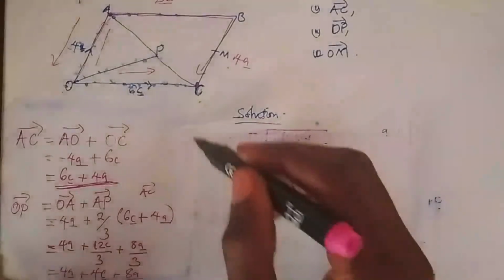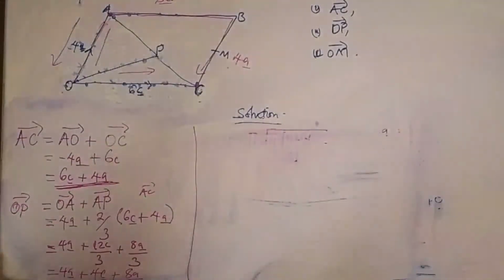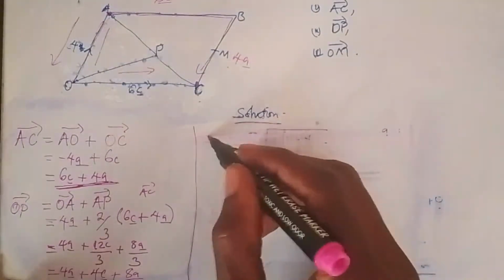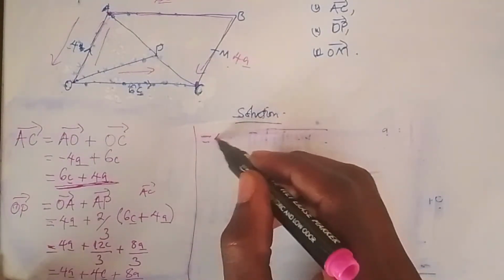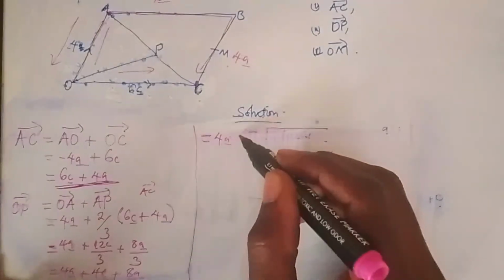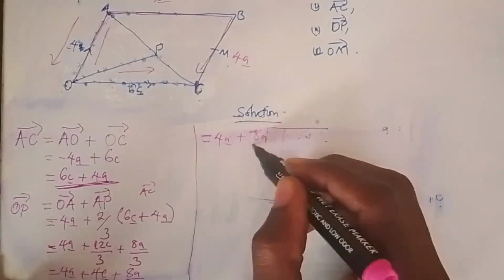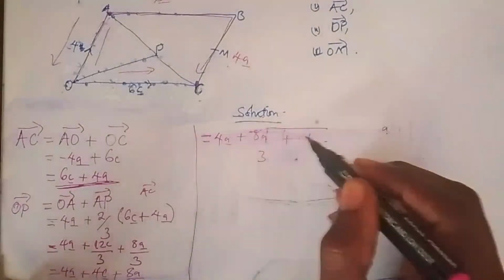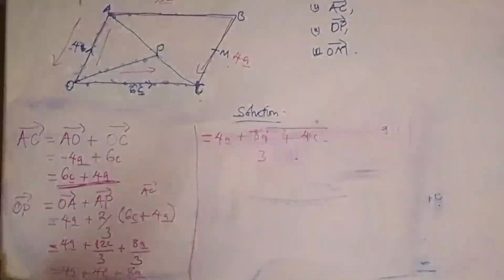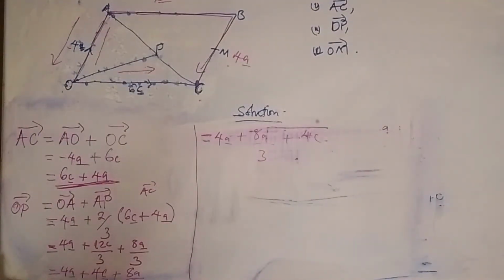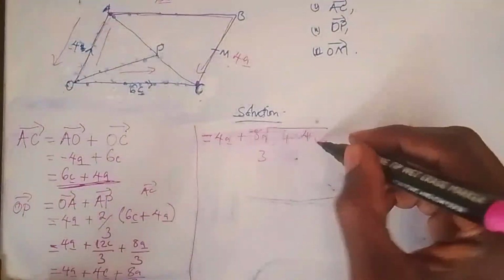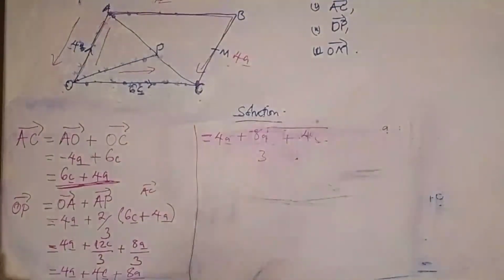So now here you can add the like terms. What are the like terms? The like terms we have are 4 vector A plus 8A over 3. Then we have plus 4C. So this is how you can multiply vectors in a simple way.